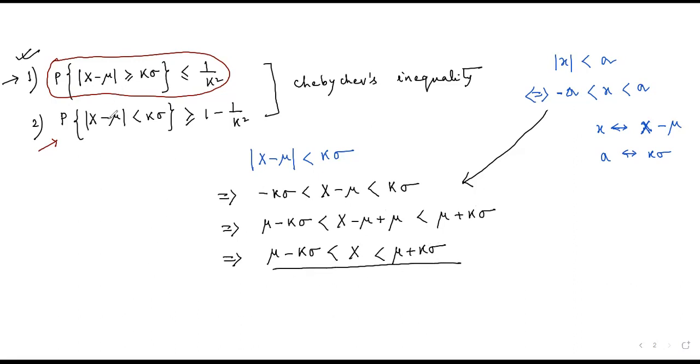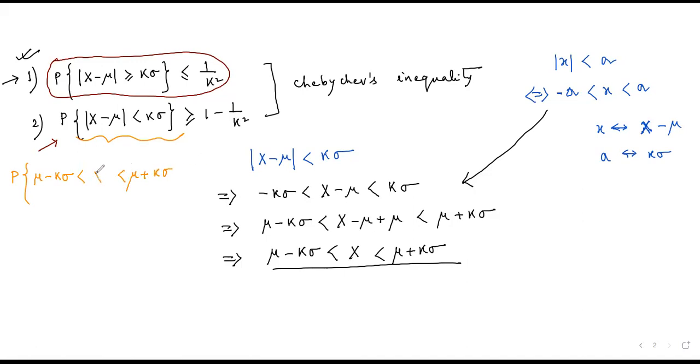So whenever you are trying to find the probability of this quantity, it means that you have knowledge of the mean of the random variable and some positive number times the standard deviation, mu plus k sigma.